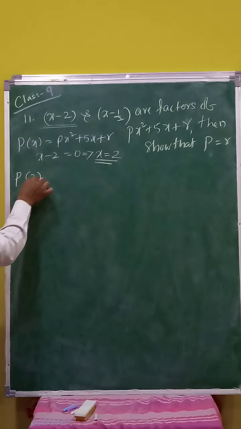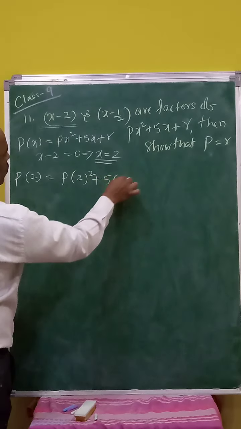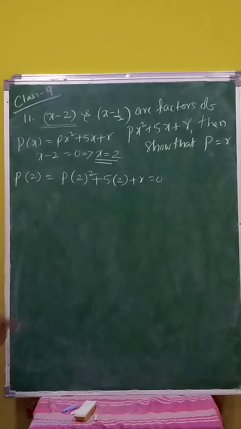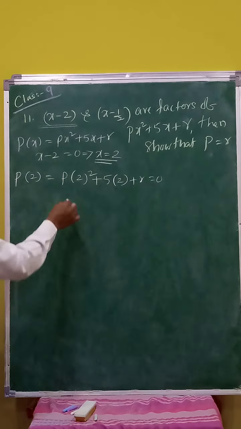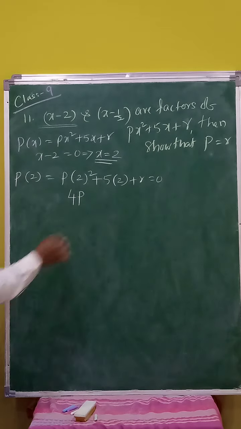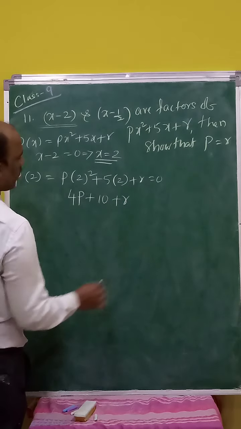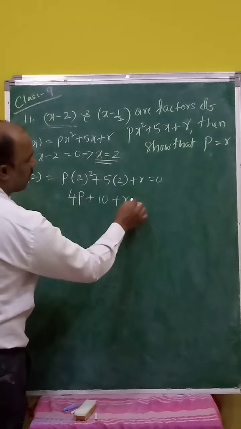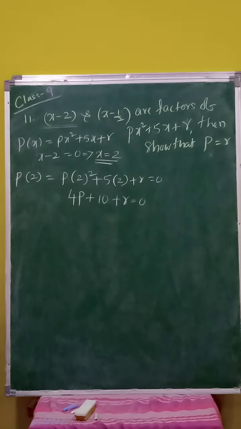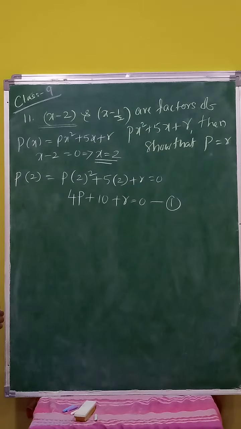P of 2 is equal to p into 2 square plus 5 into 2 plus r is equal to 0. 2 square value is 4, 4p plus 5 twos are 10, and last one is r, equal to 0. 4p plus 10 plus r is equal to 0. That is equation 1.